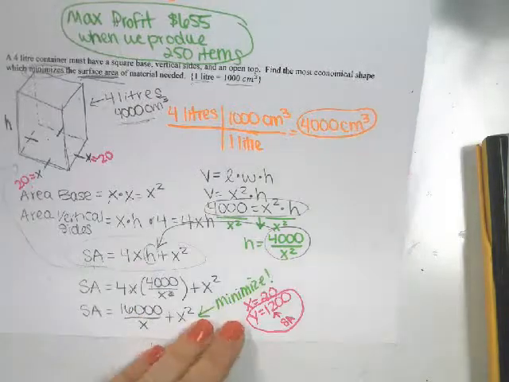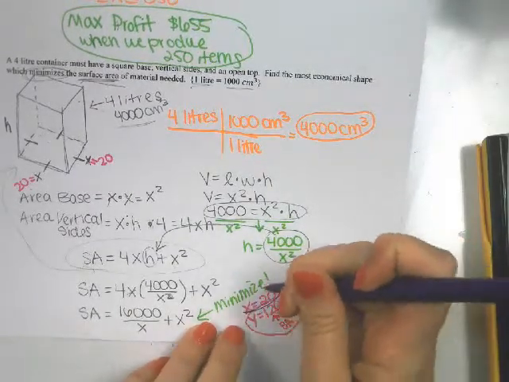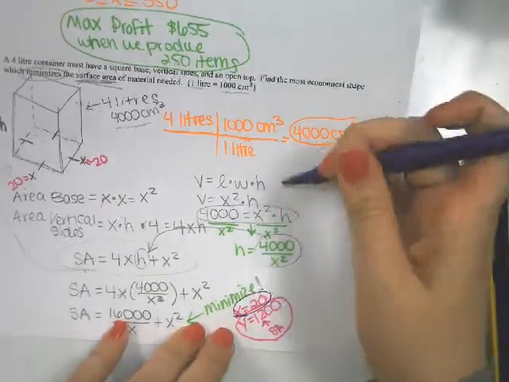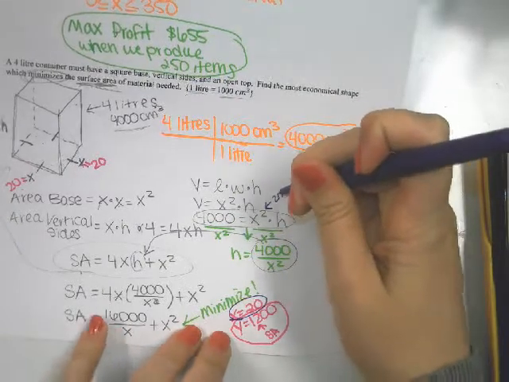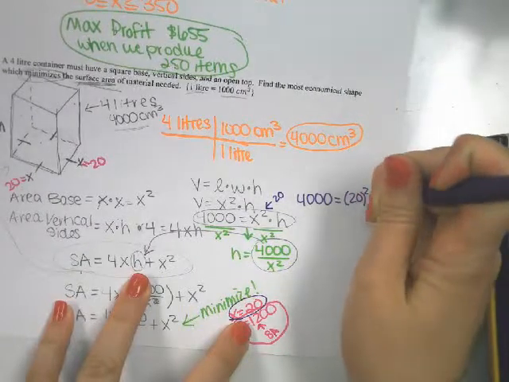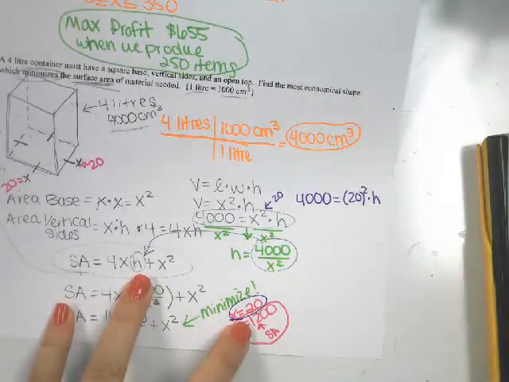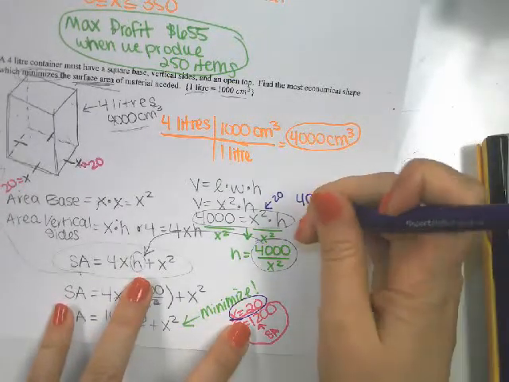If we needed to find the height, which typically they'd probably ask for as well, you would take this x value, 20, and plug it back in here. So 4,000 equals 20 squared times h. 20 squared is 400.